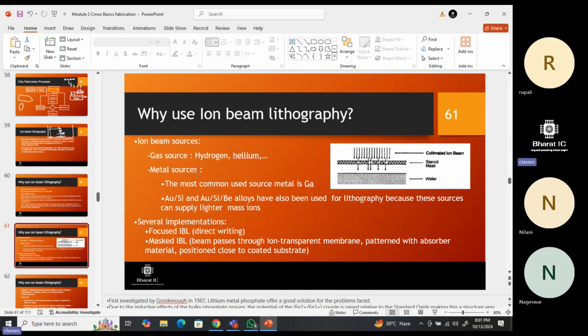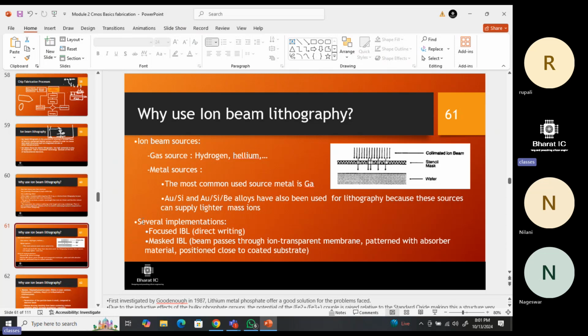How are ion beam sources made? Several other implementations exist, like focused IBL with direct writing, and masked IBL, where the beam passes through an ion transport mask patterned with absorber material positioned closest to the coated substrate.